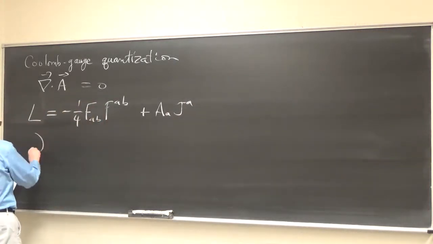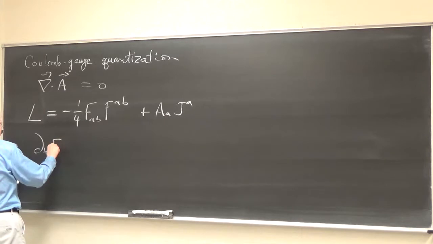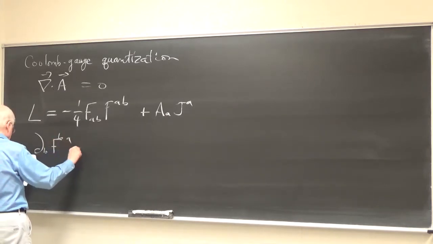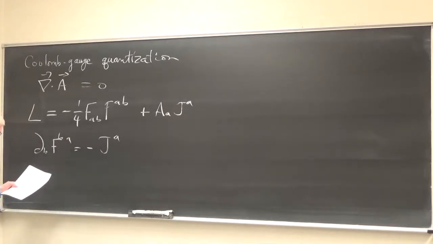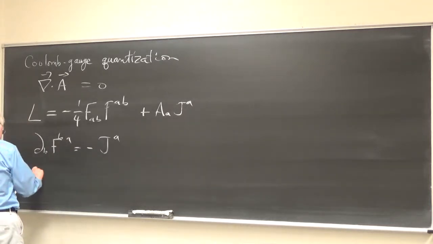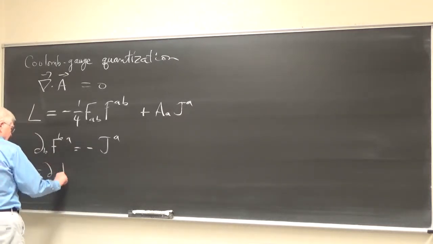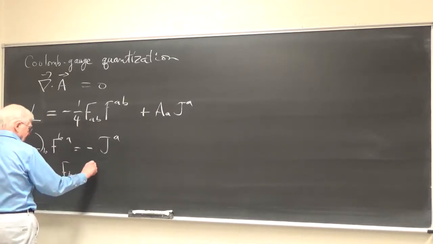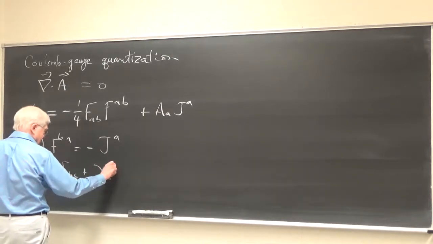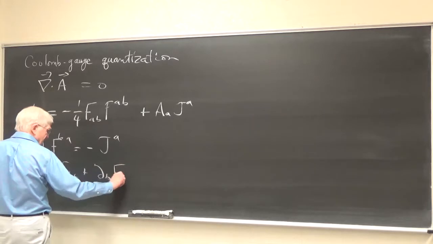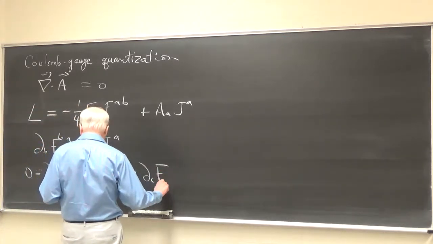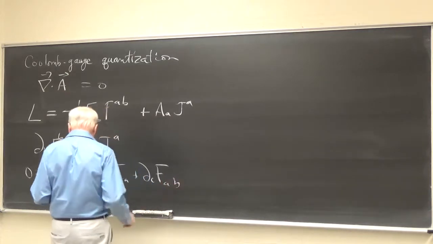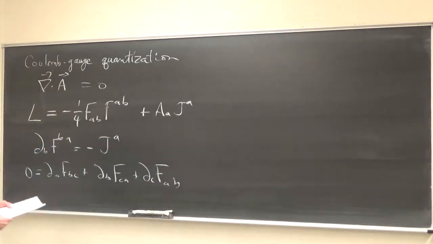The equation of motion is ∂_B F^BA is minus J^A, and there are the homogeneous equations, ∂_A F_BC plus cyclic permutations is 0.